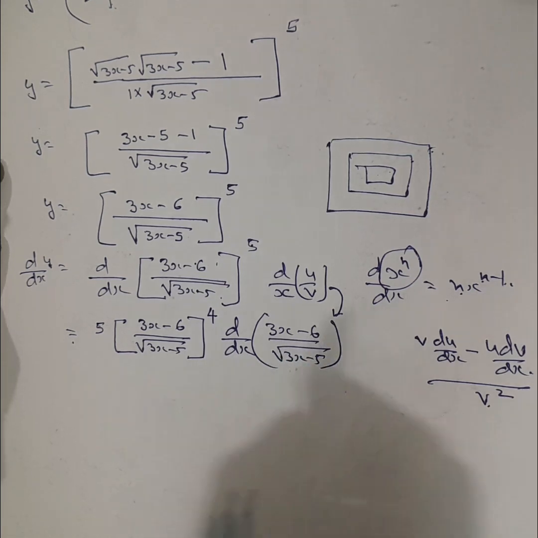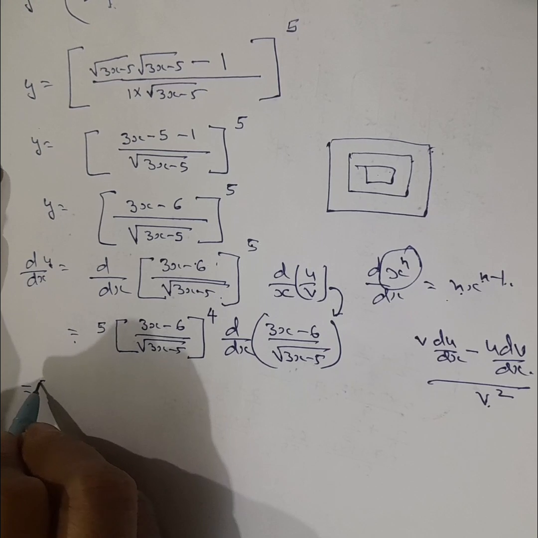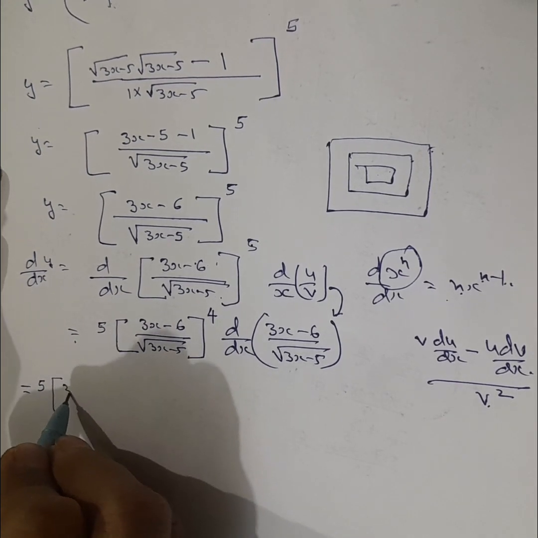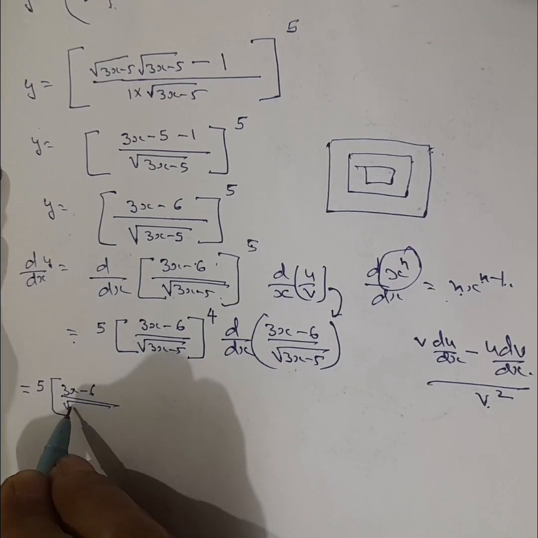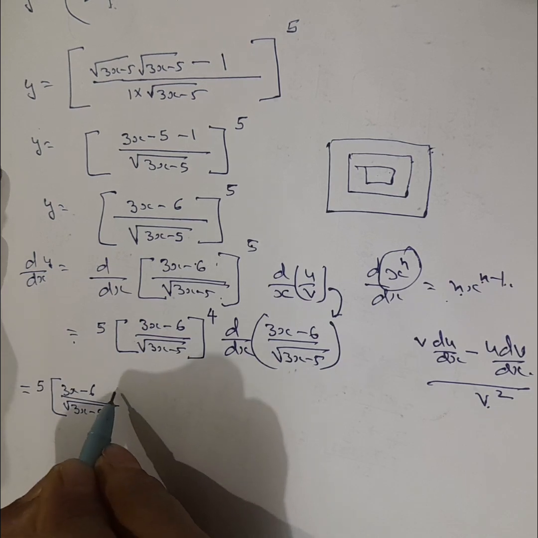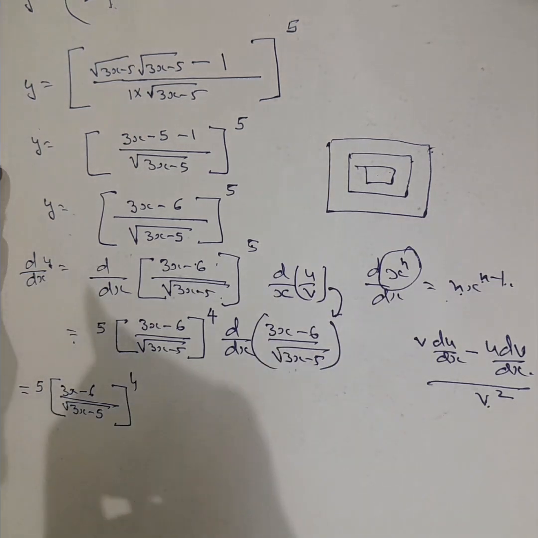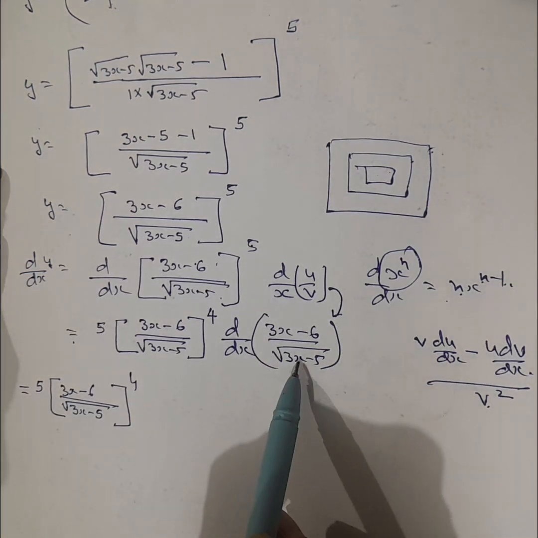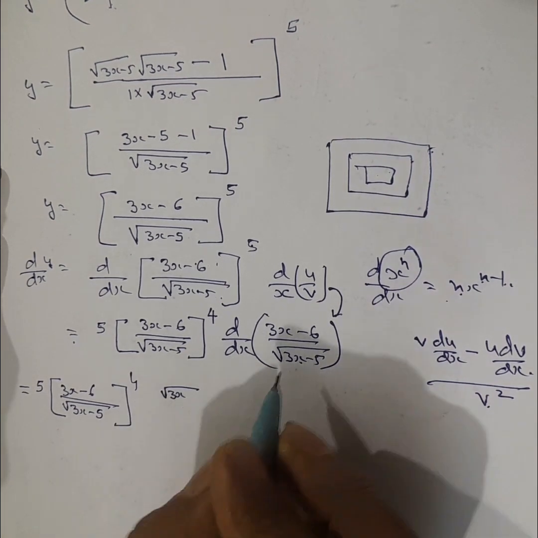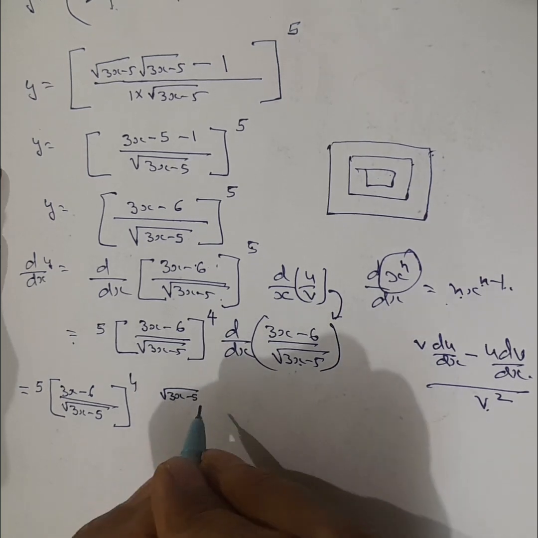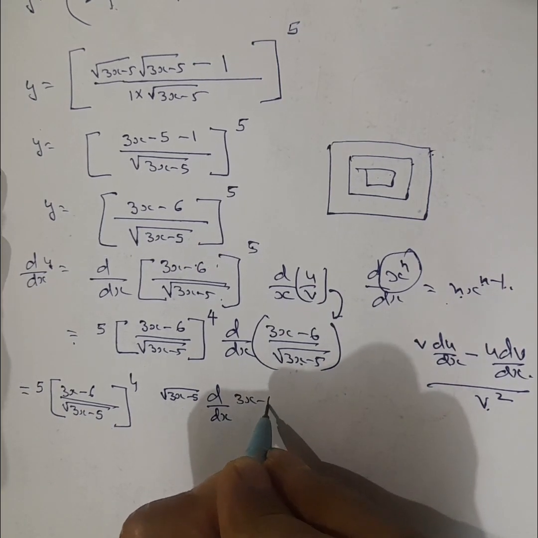So let's proceed. When we proceed, of course, it becomes a little bigger. So this is as it is, 3x minus 6 upon root of 3x minus 5 raised to 4. This we got as per this. Now this we have got to jot in. So it is v, that is root of 3x minus 5, and d by dx of u, that is 3x minus 6.